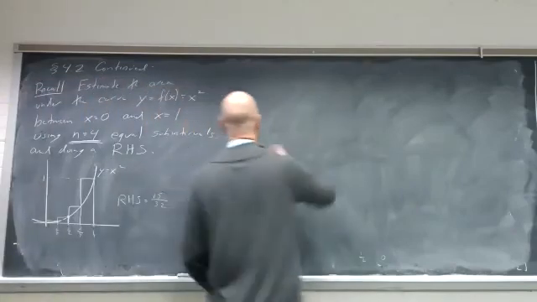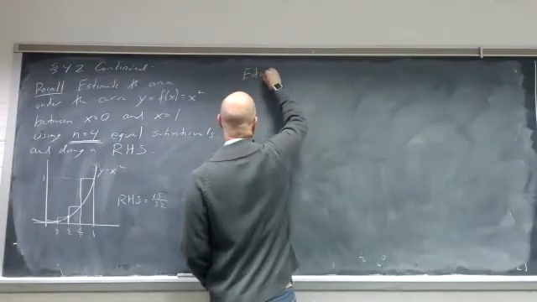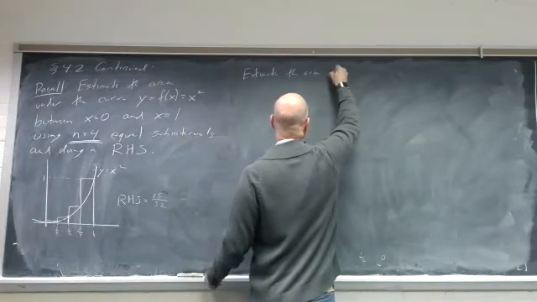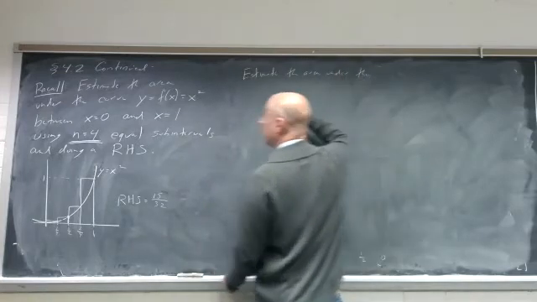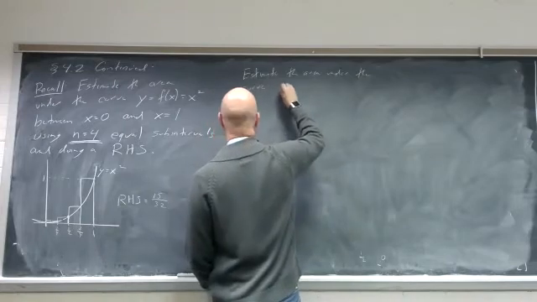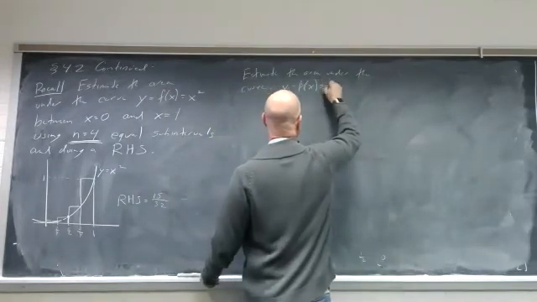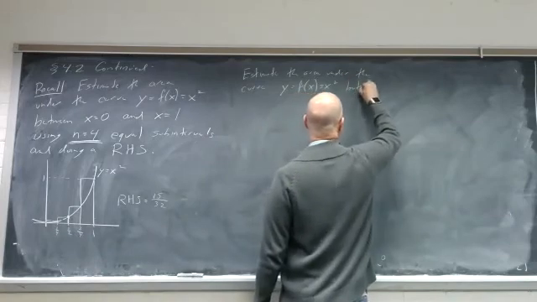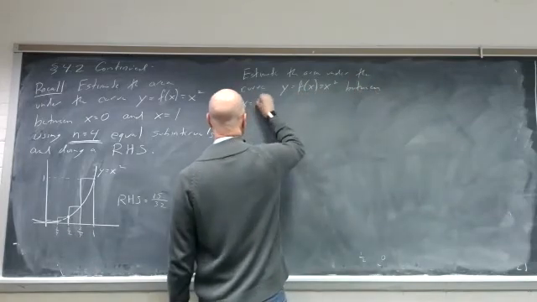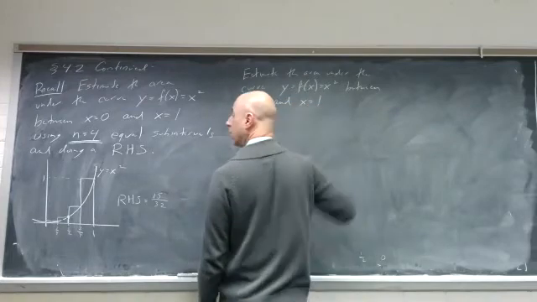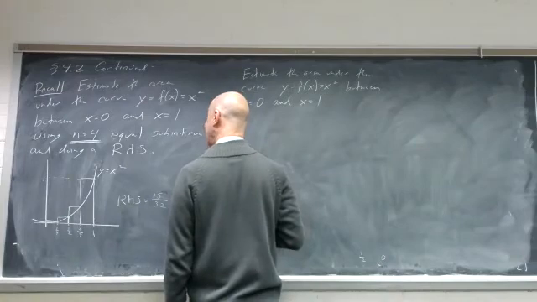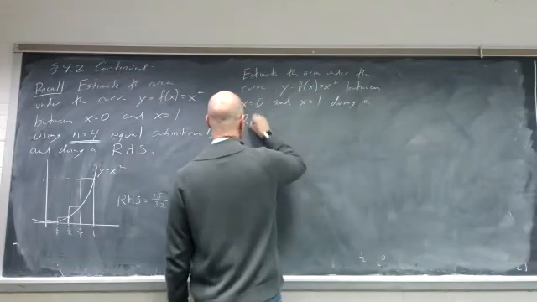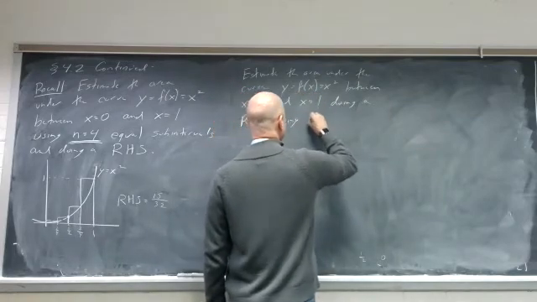So we're going to estimate the area under the curve y equals x squared between x equals 0 and x equals 1, doing a right-hand sum using n subintervals.